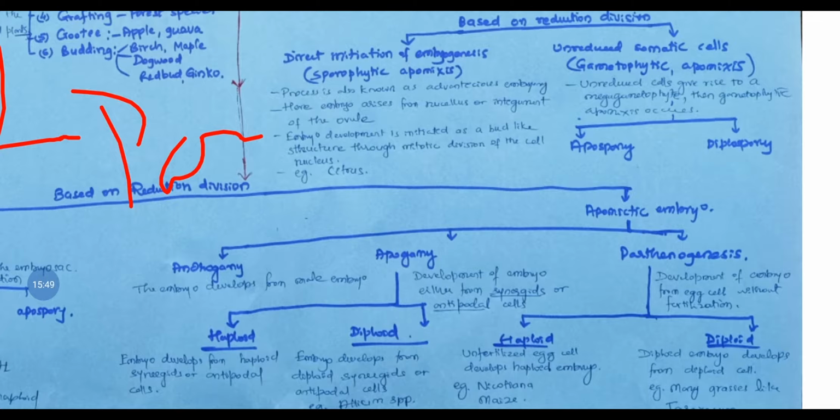Here no ovule or none of the embryo sac parts or nuclei is involved in the process of developing an embryo. Second is apogamy. Apogamy is nothing but development of embryo either from synergids or antipodal cells. That means the cells which are adjacent to the egg cell, or the ones at the other end, the antipodal cells. These will give rise to apogamy.